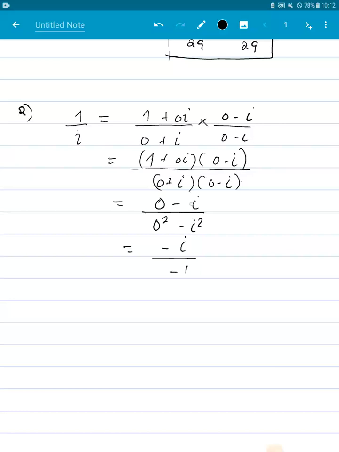So now I got negative i there, and I have negative and negative like that. You get it, which will be that over 1, which is just negative i as the answer.